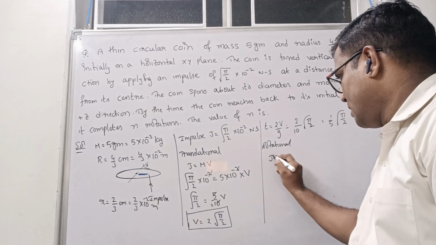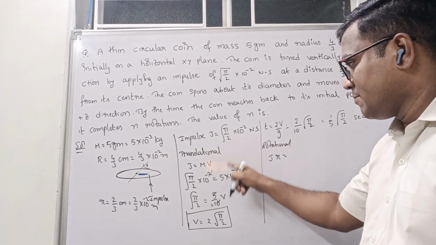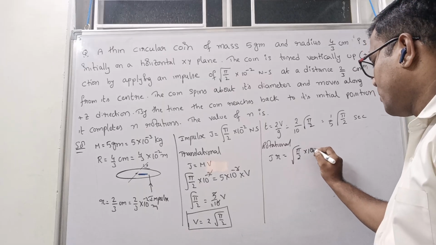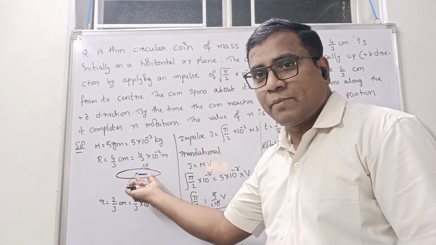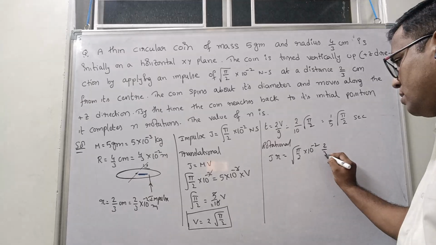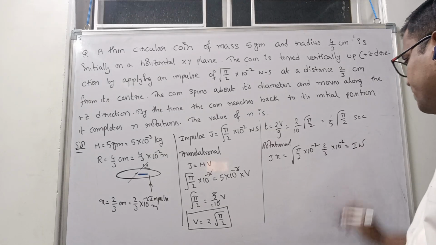So J into r, where the impulse is root of pi by 2 into 10 power minus 2, and the distance where it is applied is the smaller one, 2 by 3 into 10 power minus 2, is nothing but I omega.